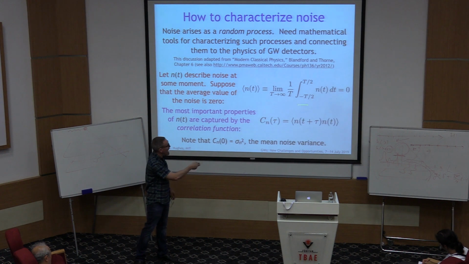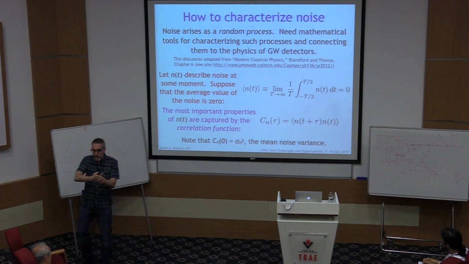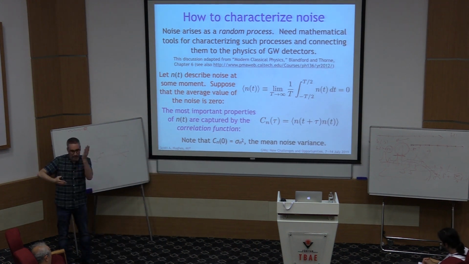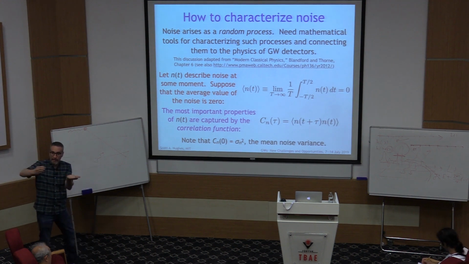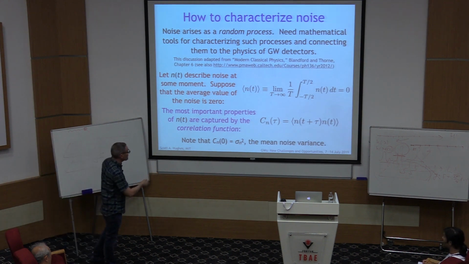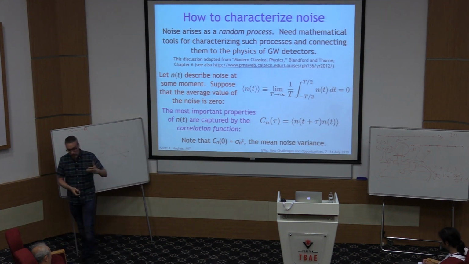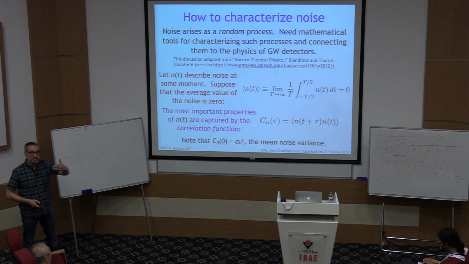This tells me how the noise evolves as I wait. If I know what it looks like right now, what does it look like if I wait 1 second, 1 millisecond, 10 seconds? This correlation function tells me a lot about the properties of the noise and how it evolves as a function of time.